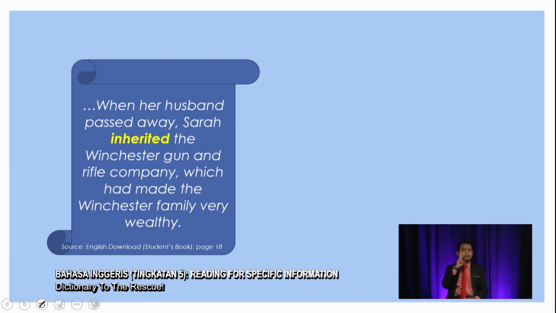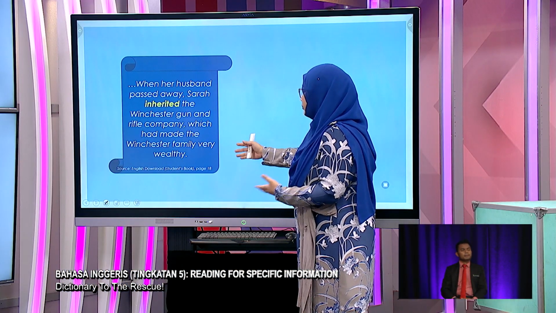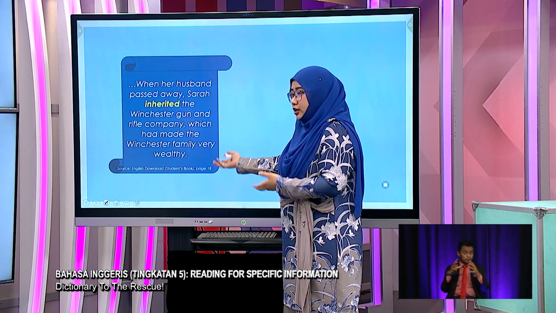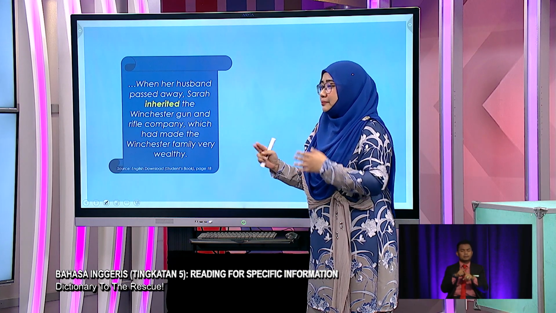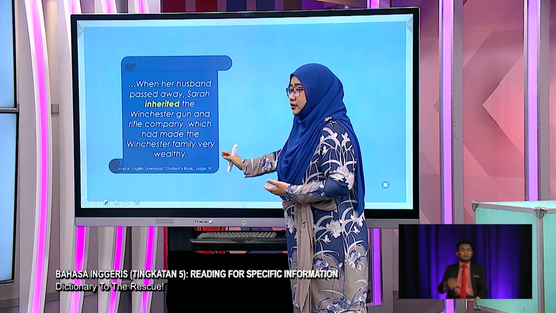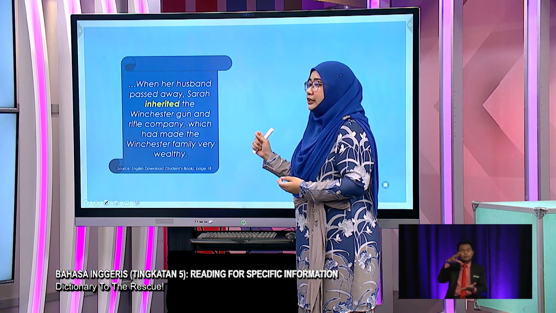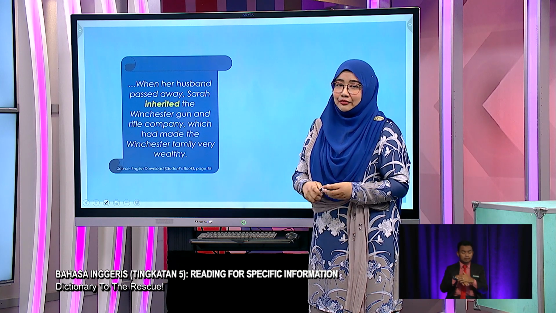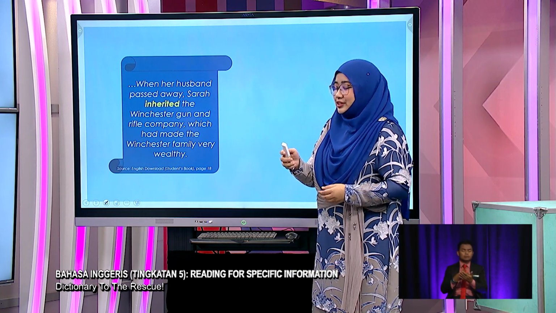Then we look at the sentence after inherited, the Winchester Gun and Rifle Company, which had made the Winchester family very wealthy. Here we know that it involves money and maybe property because there's wealth. So we connect the two ideas. Somebody has died, and then it involves money and wealth. So inherited may mean that Sarah gets a lot of money. That's how you do it.